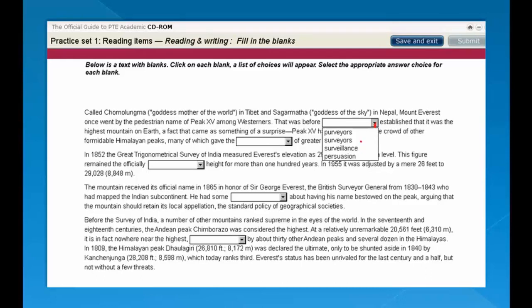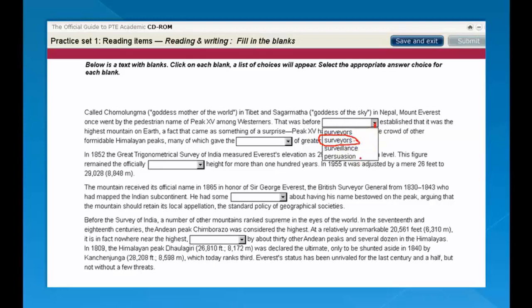Surveyors, now that's an interesting one. This implies somebody is doing something, in particular surveying or measuring the land. So this would probably be a good bet. Purveyors are people who sell things. That's probably not it. Because why would a purveyor establish something as tall? So the obvious answer here is going to be surveyors.